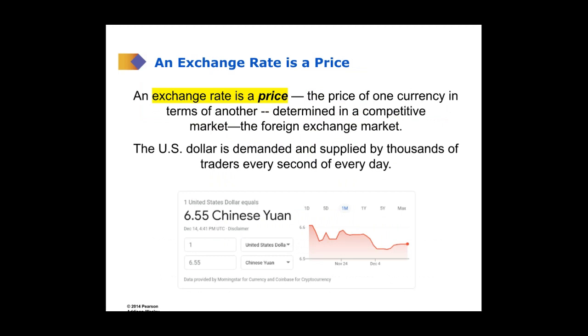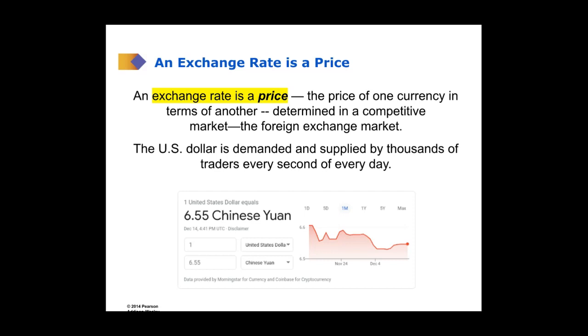So an exchange rate is a price. It's the price of one currency in terms of another. And these prices are determined in actively traded competitive markets. We call it the foreign exchange market. Any place where you can exchange one currency for another currency is part of the foreign exchange market.